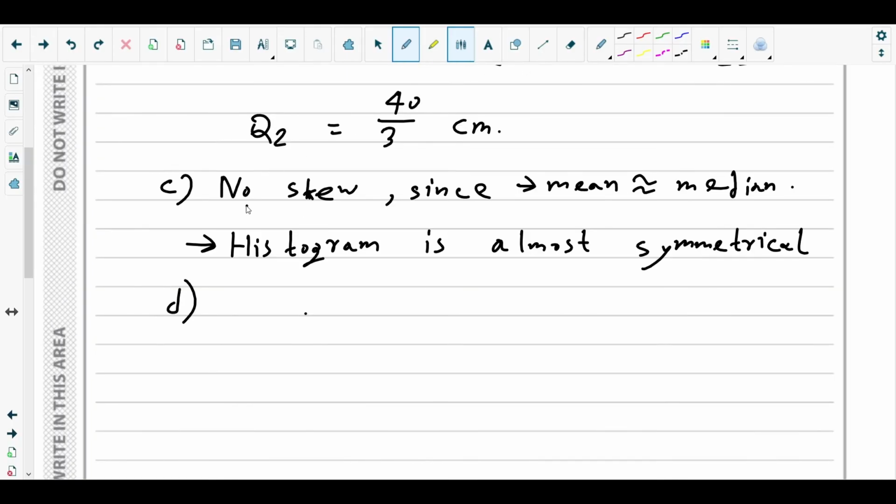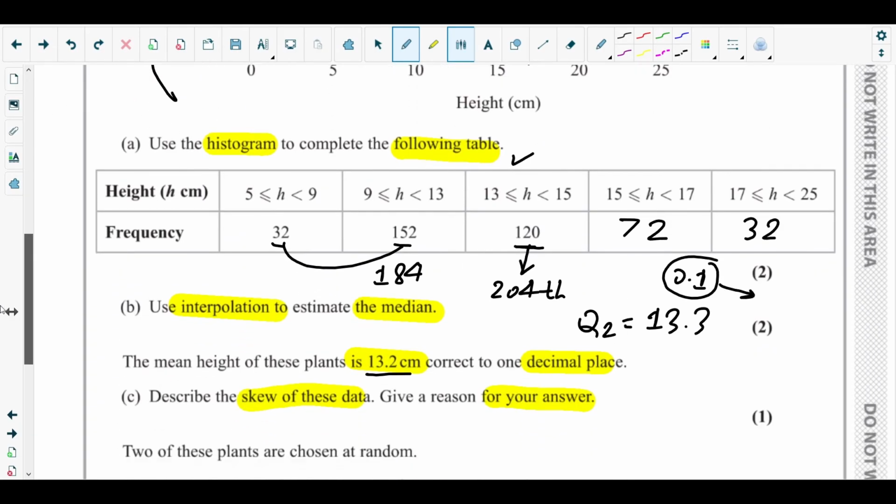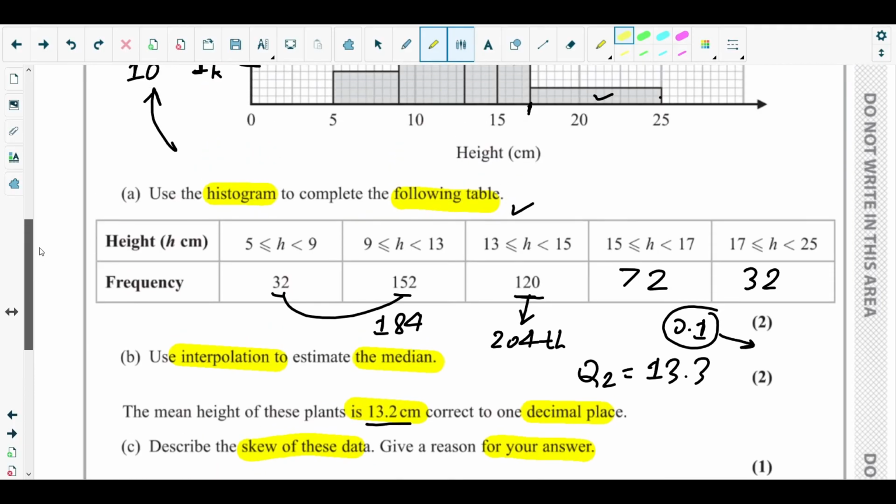Okay, so let's see what they have asked in part D. 2 of these plants are chosen at random. Part D asks to estimate the probability that both of their heights are between 8 cm and 14 cm.